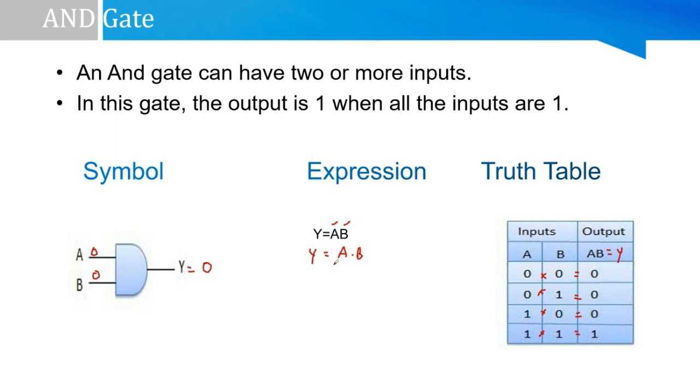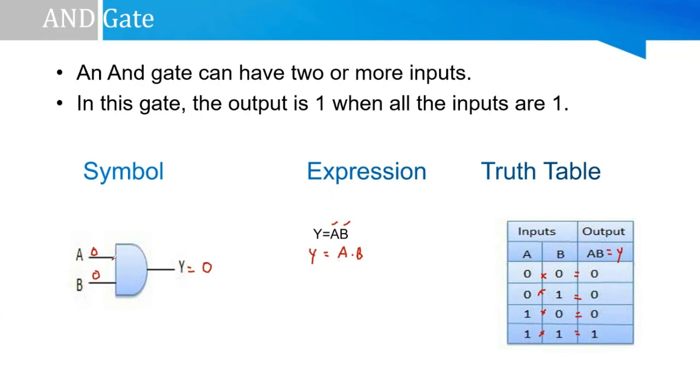See, the operation of the AND gate is that it does logical multiplication. It will give the output whenever both the inputs are high. But it is not that it provides output only when both are high.